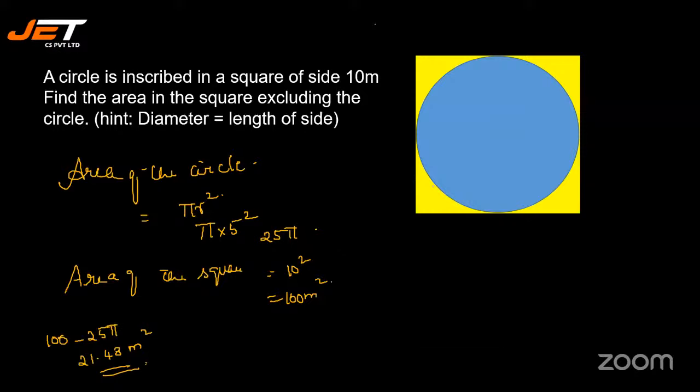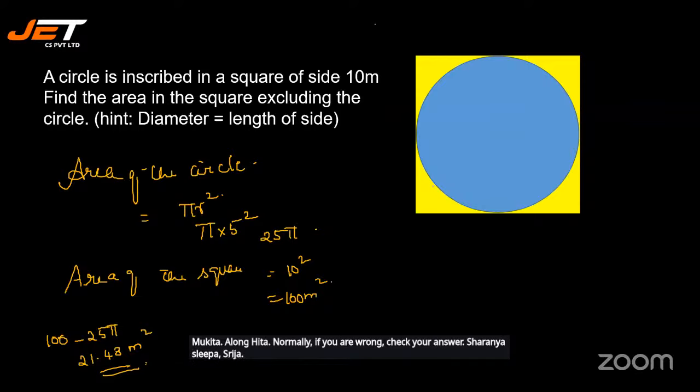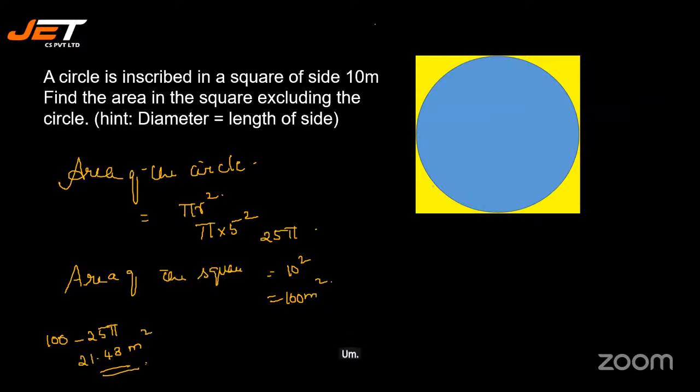Now let's see how many of you have given the correct answers. Yeah, I have many answers coming here. Sharanya, Sahasra, Mokshita, Manohita. Navadeep, you are wrong. Check your answer. Sharanya, Snigdha, Srija, Amulya, Shri Priya, Yashwant, Vaishnavi, Rishvita, Pujita. Lasya, your answer is wrong. You should check.